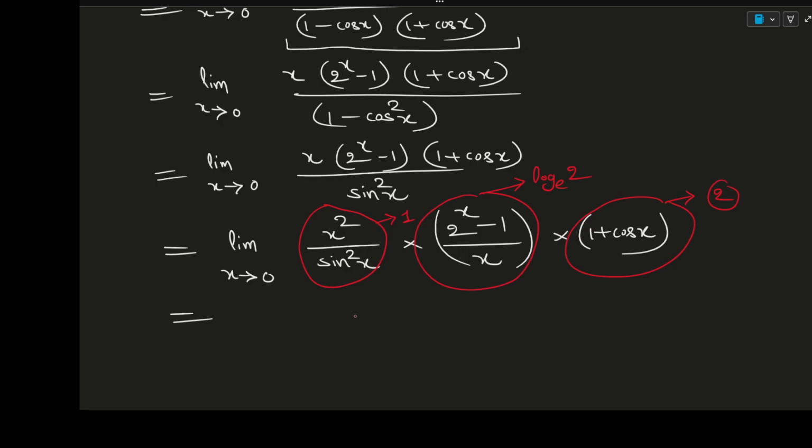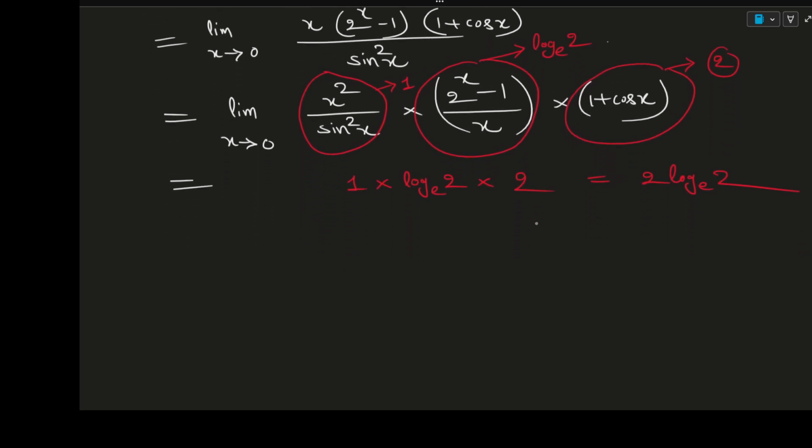So I get here 1 into log e to the base 2 into 2. So it is 2 log e to the base 2. Okay, so now we'll see another problem.